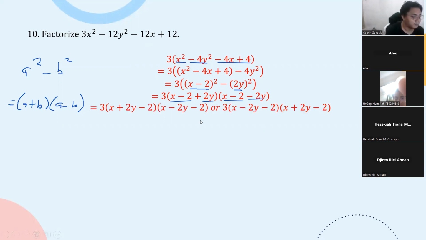Or you'll have 3 times x plus 2y minus 2 multiplied to x minus 2y minus 2, or 3 multiplied to x minus 2y minus 2 multiplied to x plus 2y minus 2. So that is for number 10.